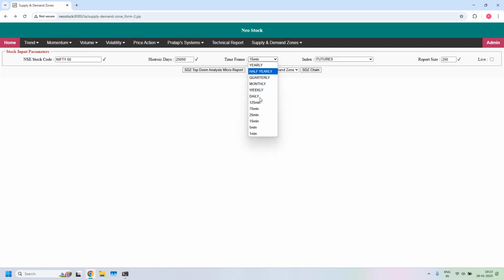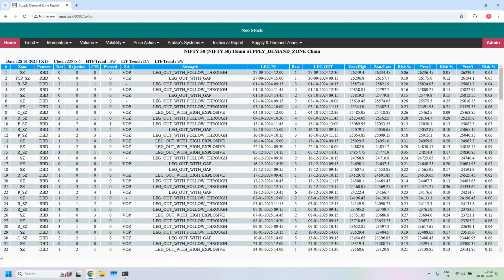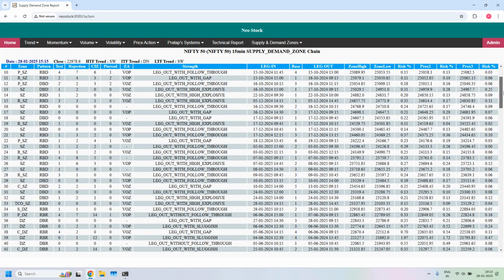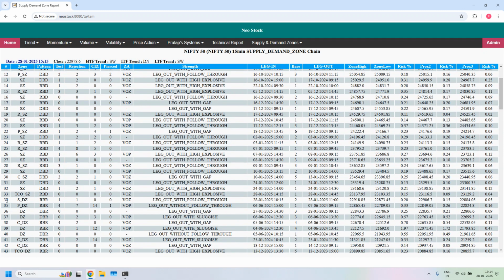Next, 5 minutes 15 minutes supply demand zone. I'm regenerating again because all these are all supply zones. We need demand zones also, right? So this is the nearest demand zone to the current closing price.